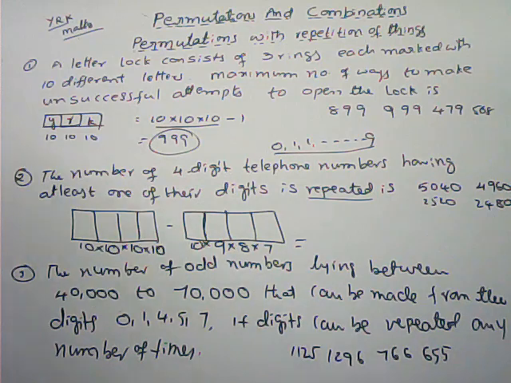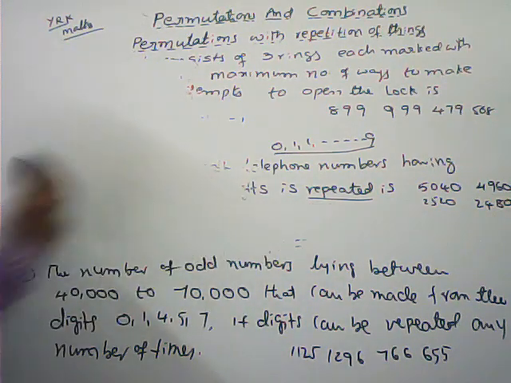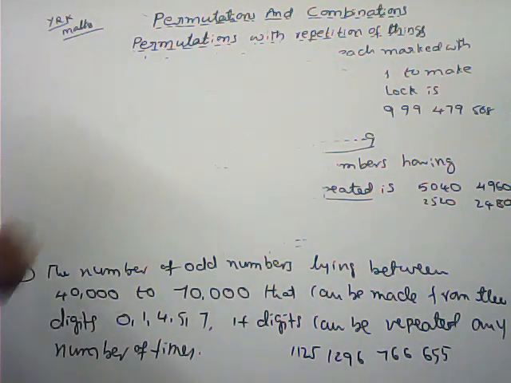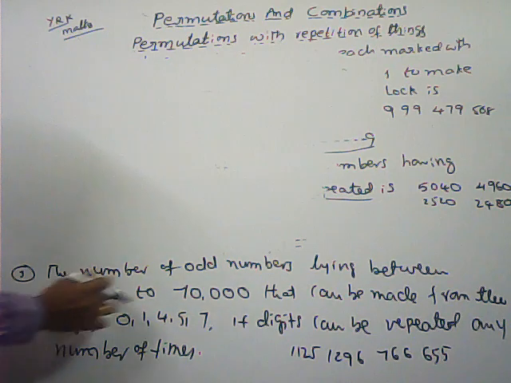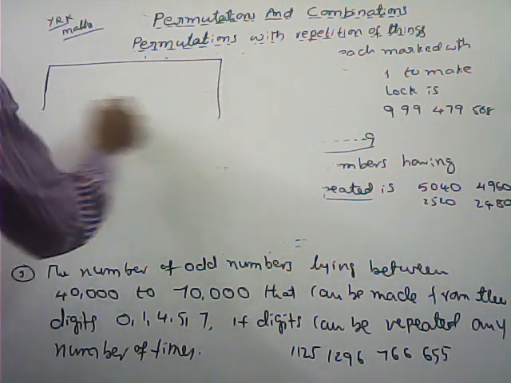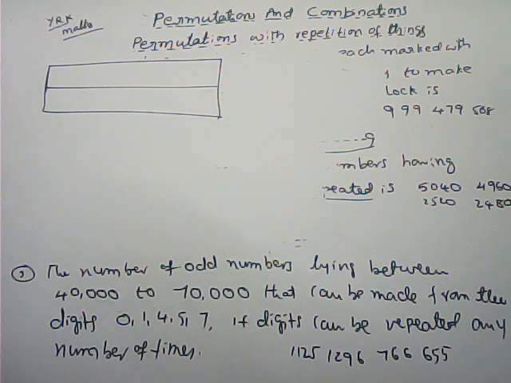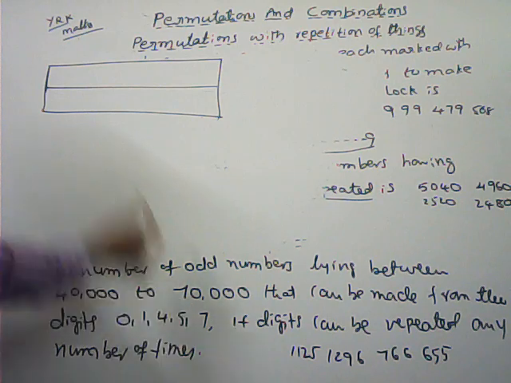Now third one. What is the third one here? The number of odd numbers lying between 40,000 and 70,000. Here lying between these two means we want 5-digit numbers. 5-digit numbers, by using the digits 0, 1, 4, 5, 7.